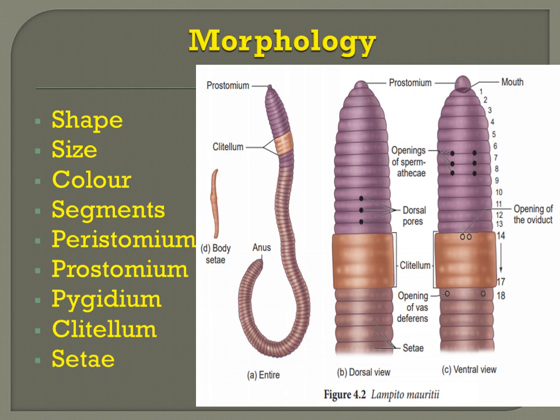It is present in segment number 14 to 17. And this also helps in the formation of the cocoon. We can say it is involved mainly in the reproduction process. Clear? So that region is known as the clitellum. It is located in segment number 14 to 17.